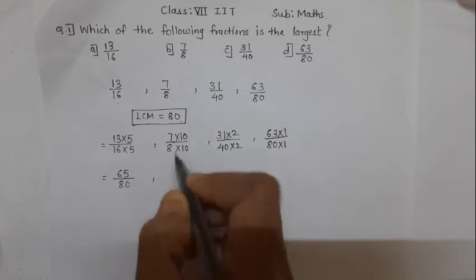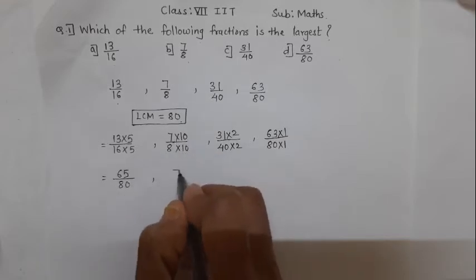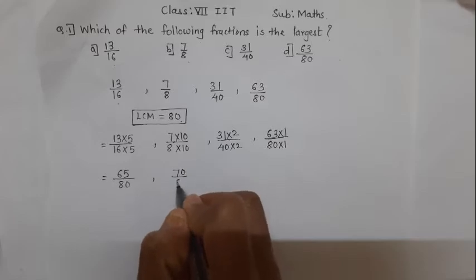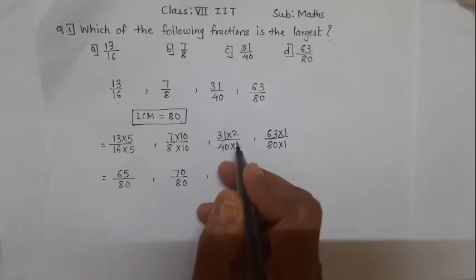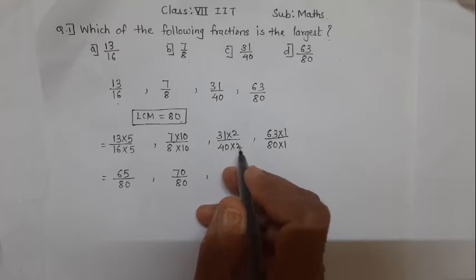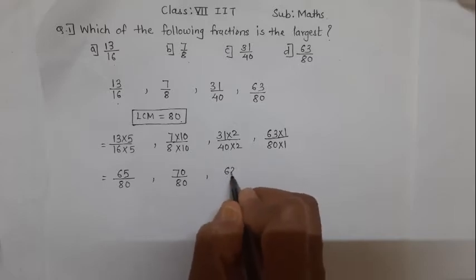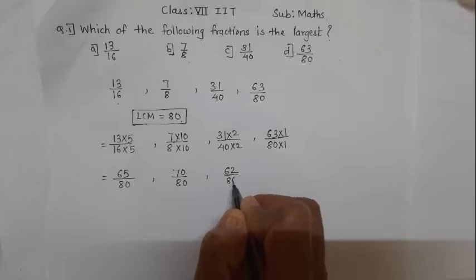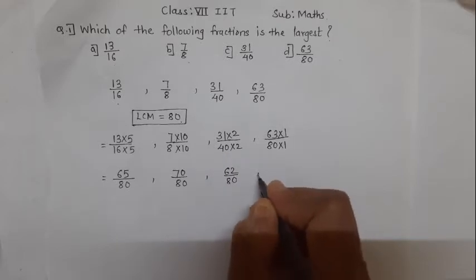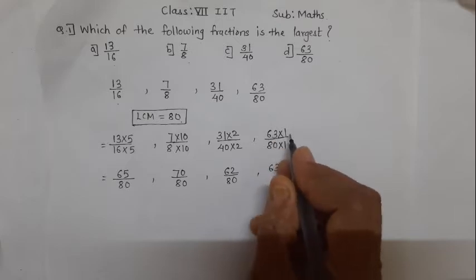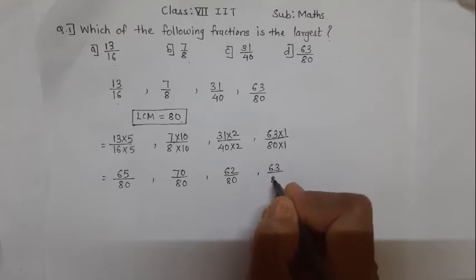Then 7 10s are 70, so 70 upon 80. Then 31 2s are 62, so 62 upon 80. See, 2 1s are 2, 2 3s are 6. And this is 63, 1s are 63, 80 1s are 80.